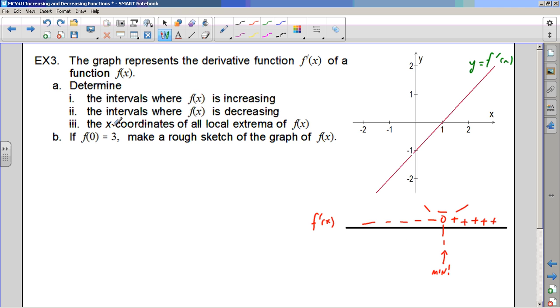So later, we're going to make a rough sketch using this chart. But now I'm just going to fill in the details. The intervals where f of x is increasing. Well, it's increasing where the first derivative is positive, in here. I'm going to do set notation on one and interval notation on the other.